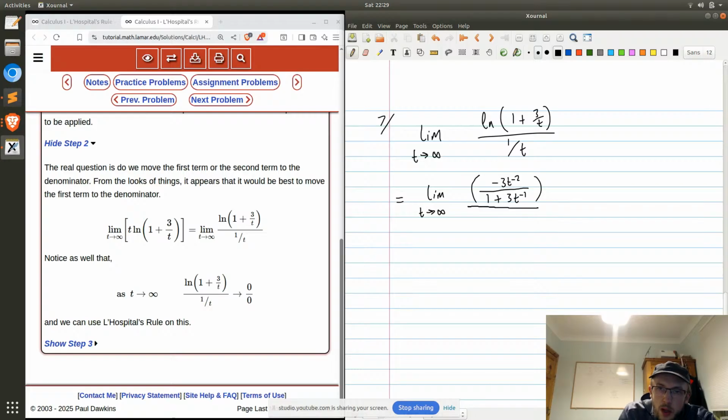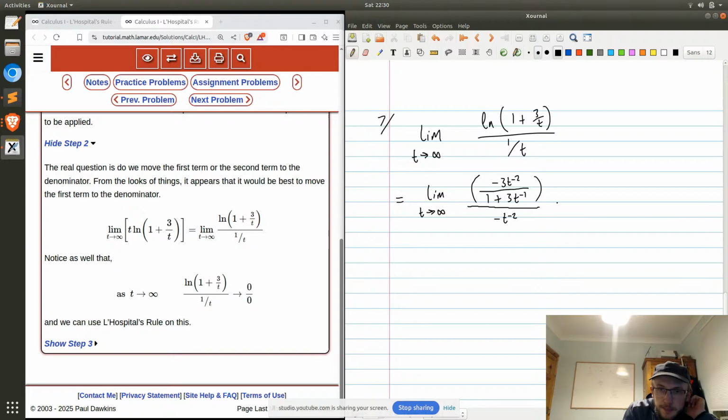Okay, and that has to be over the derivative of that. d by dx of 1 over x, d by dx of t to the minus 1. t to the minus 2. Done it a million times now, but it's confusing me with the integration. Minus t to the minus 2. There you go.